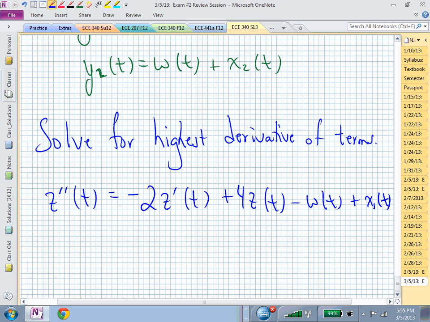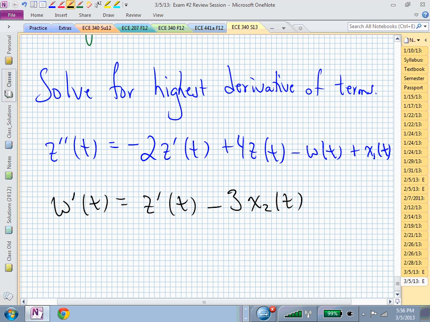And we also have the w prime equation. If we solve that for its highest derivative, w prime is z prime of t minus 3x sub 2 of t. Those are now our two equations.